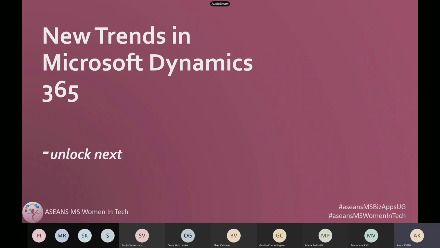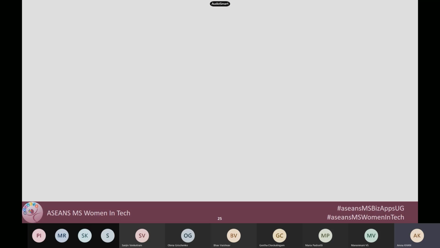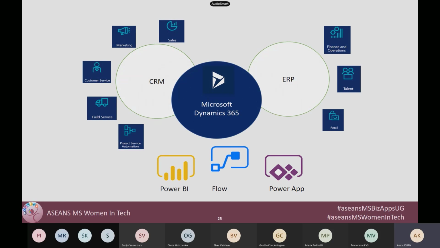So first, we will look at the new trends we have in Microsoft Dynamics 365. On a big picture, if we evaluate what D365 is, basically it is a product line that serves different purposes, including customer relationship management, enterprise resource planning, and business intelligence.